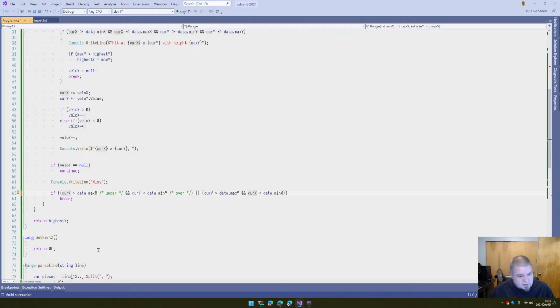So the undershoot would be current x less than min x. So on the other side, this would be an undershoot, and this needs to be an overshoot. All right, so an undershoot for y means that we still haven't hit the top of it, but we went past the bottom of it.